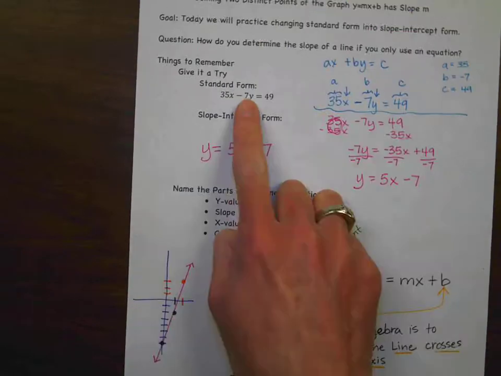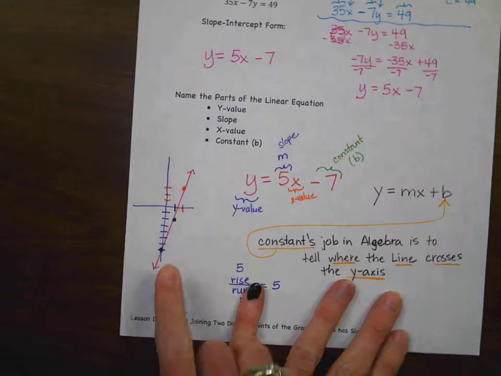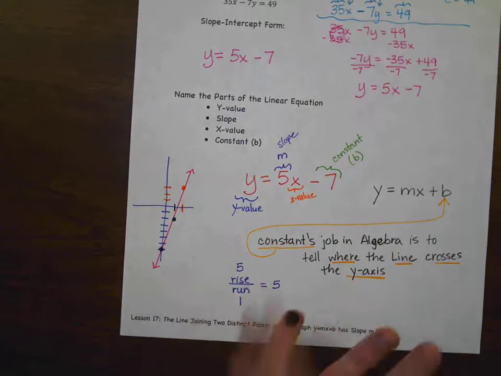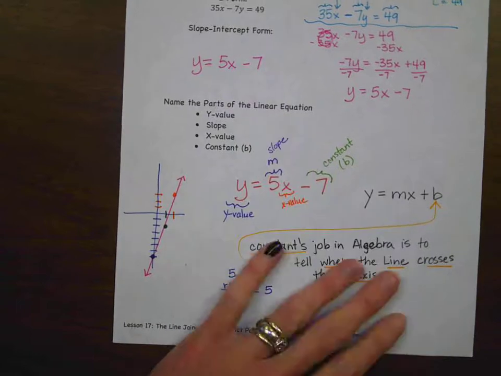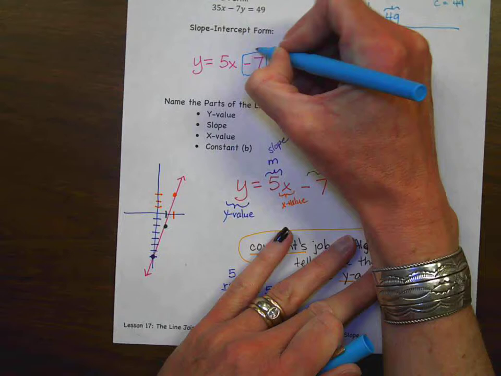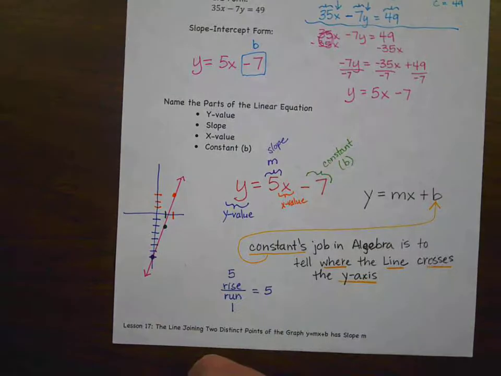So you just proved that by taking standard form, turning it into slope-intercept form, you can very easily graph it just by knowing the parts, okay? So, in review, the most important parts of slope-intercept form are this guy, because this guy is the B, right?